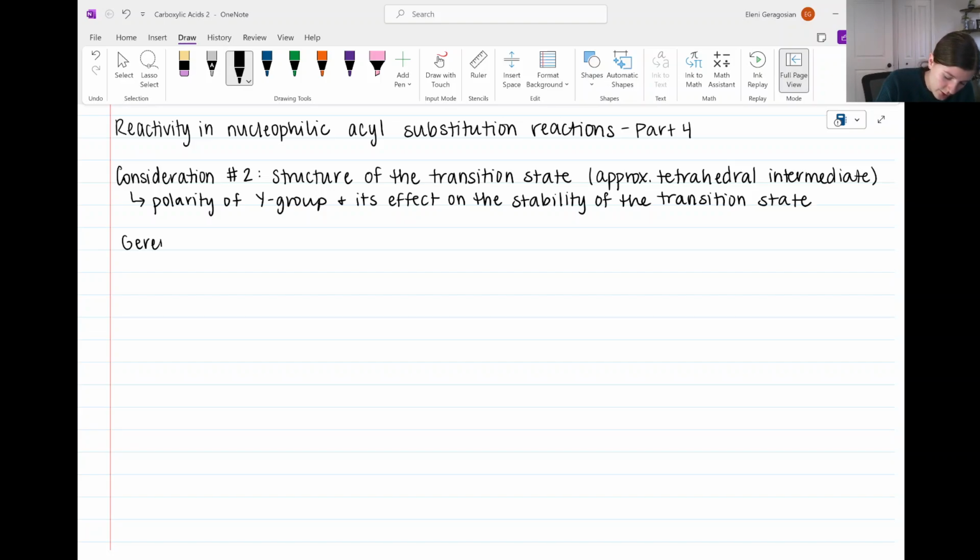So let's redraw the general intermediate structure.